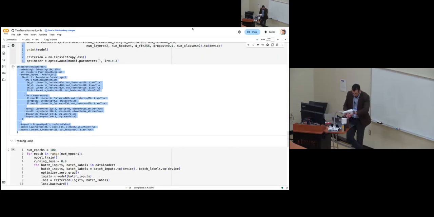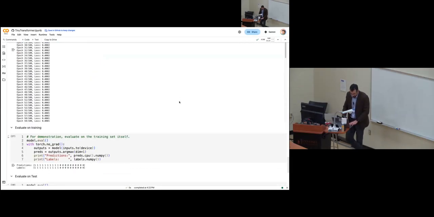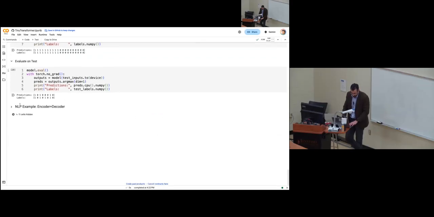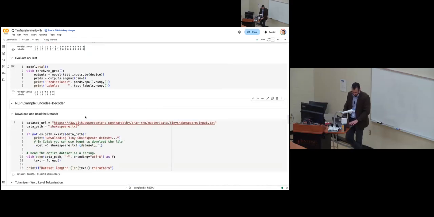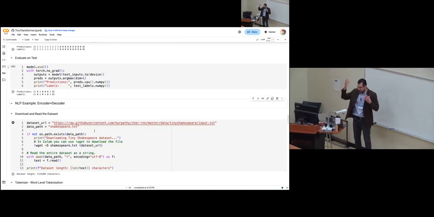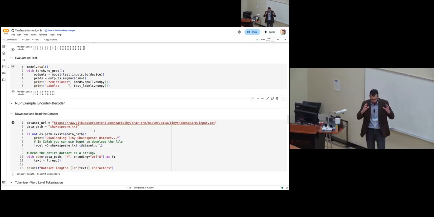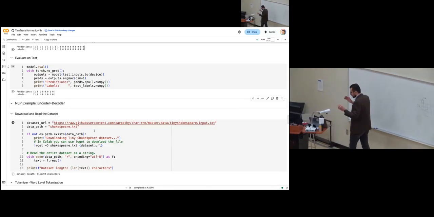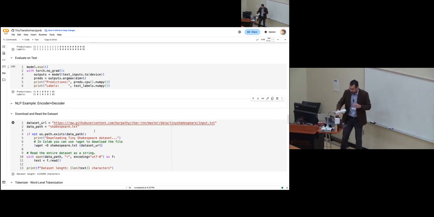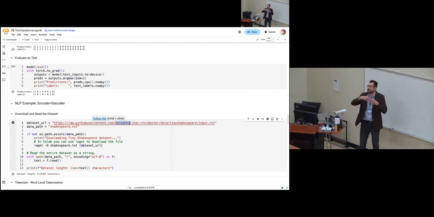And yeah, given that we're almost at the end of the session, I briefly mention that I also added here for your own review an encoder-decoder model. This was originally a demo by Andrej Karpathy, who's a fantastic, phenomenal instructor. We are downloading it from his GitHub page, a data set that includes all the text from Shakespeare.